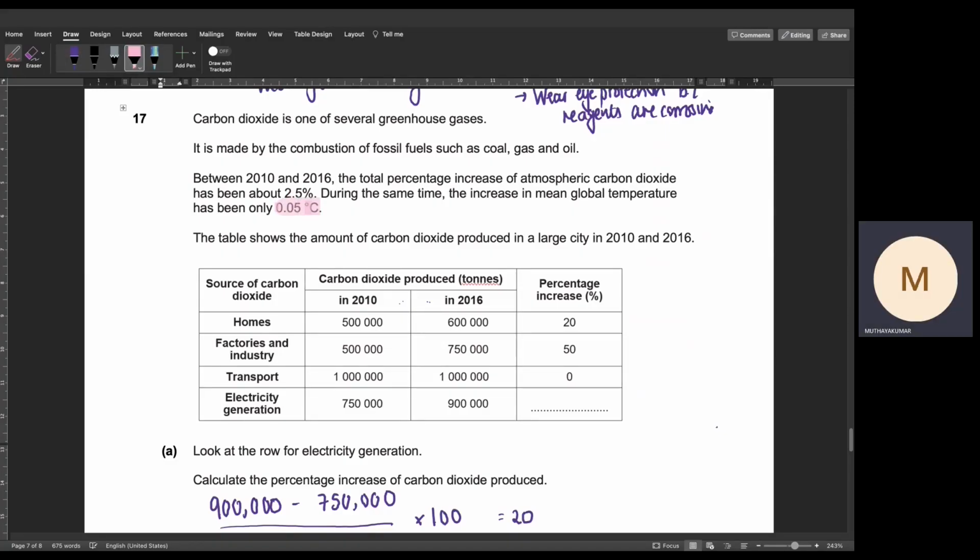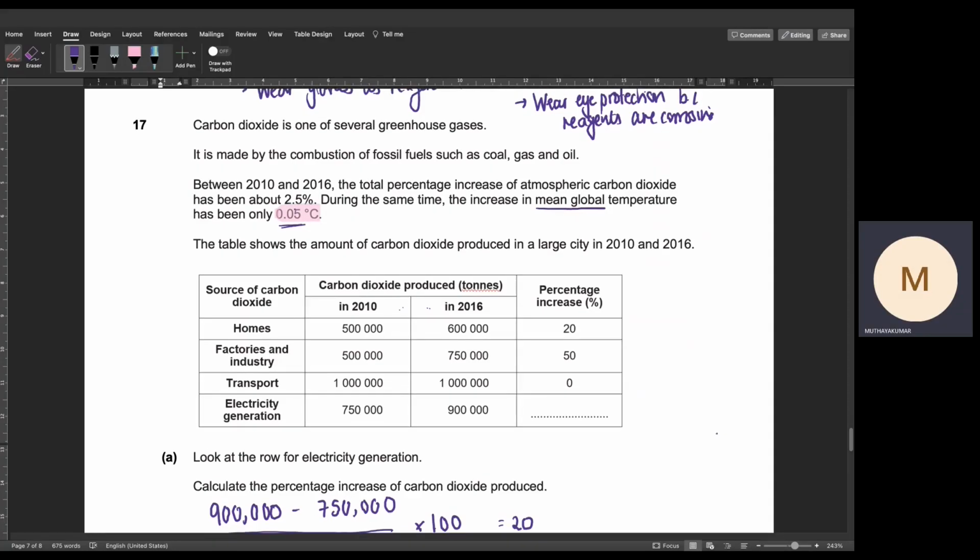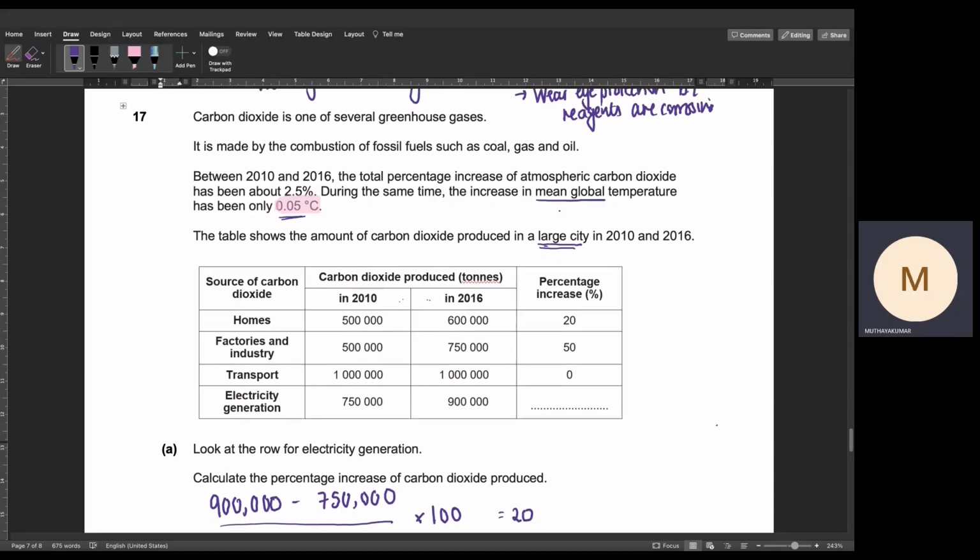So during the same time, the mean global temperature is 0.05 degrees. It's worth noting that the data given is for a large city, so that could be a first point. So it's difficult to comment.